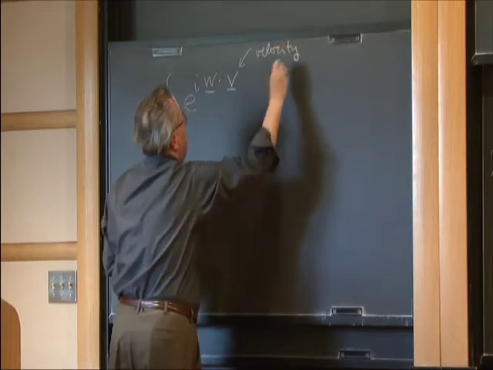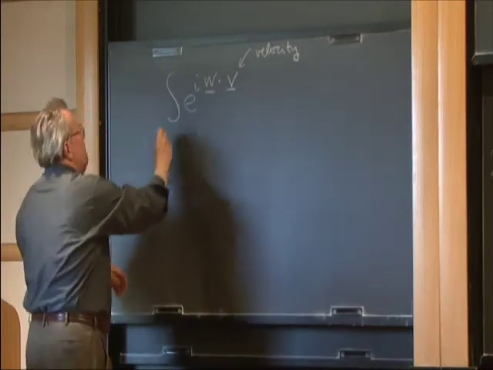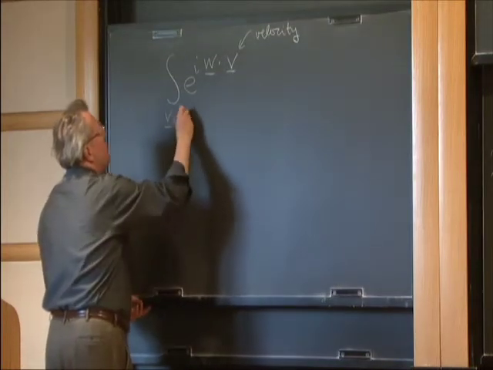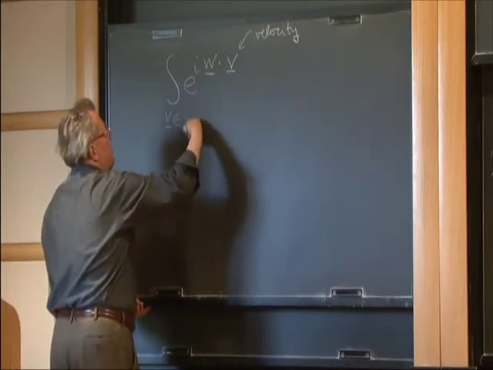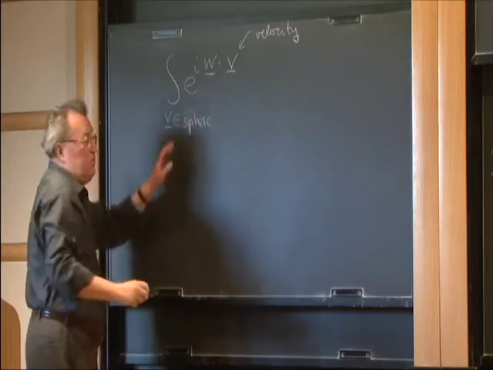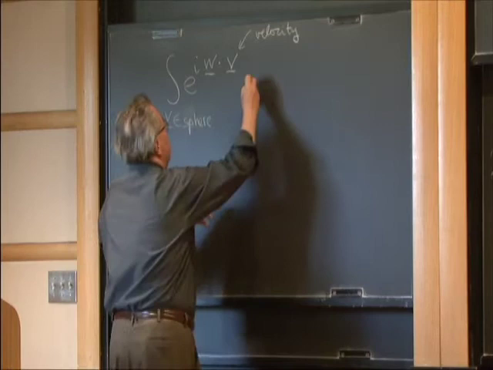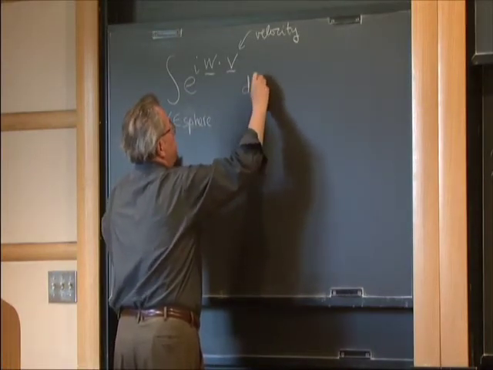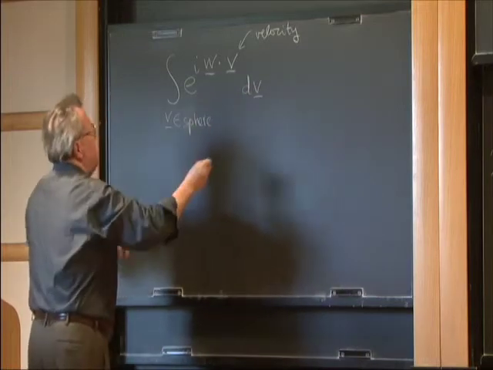So in the first case, v is distributed on the unit sphere, and we integrate over the unit sphere, so all directions.